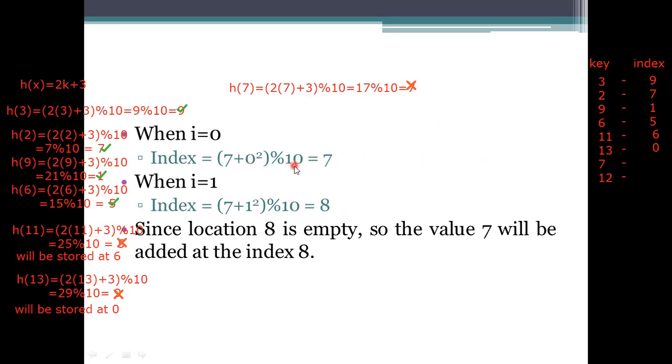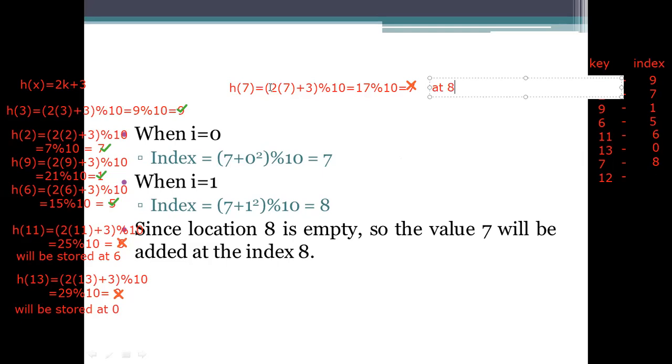Now stop the processing. We will go for another value, which is 1. 7 plus 1, 8. 8 percentage 10, which is equivalent to 8. Now see whether it is an empty one or not. Yes, it is an empty one. So the value to be stored will be at 8. So here it will be stored at 8.